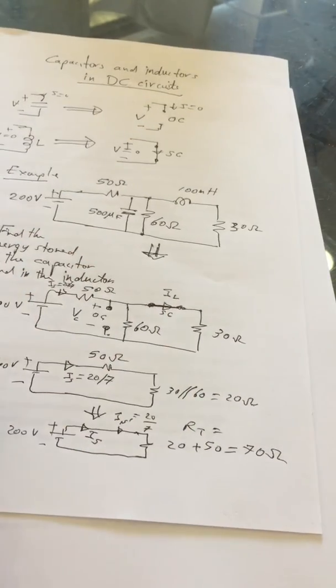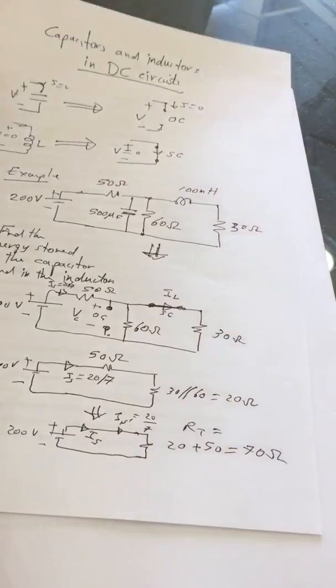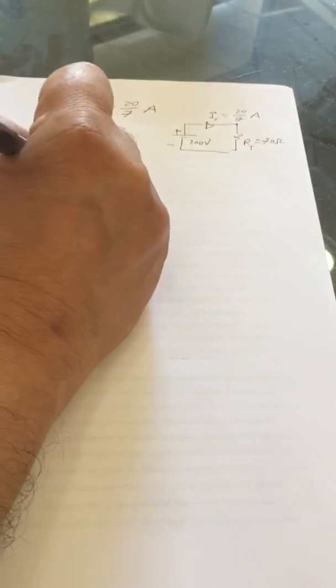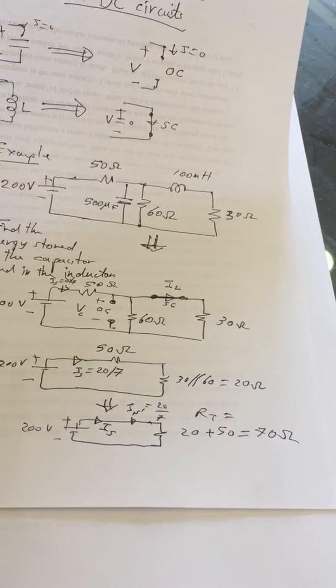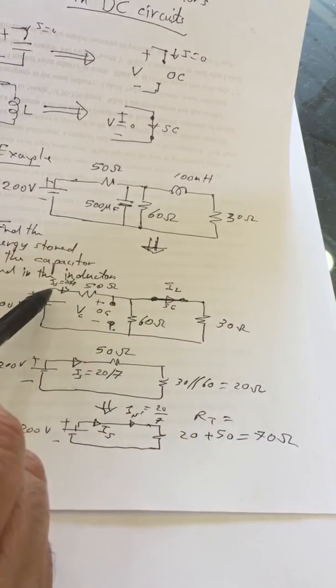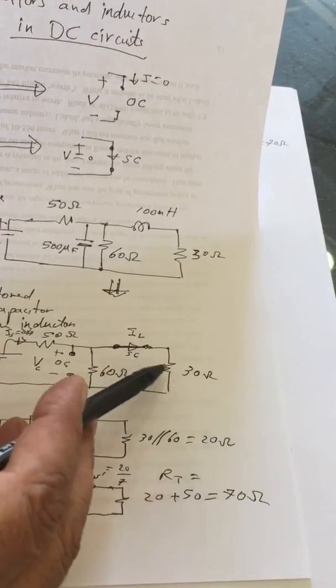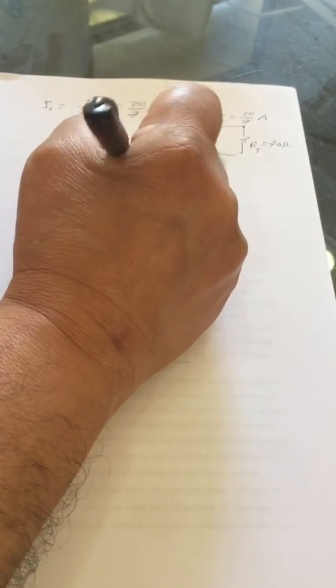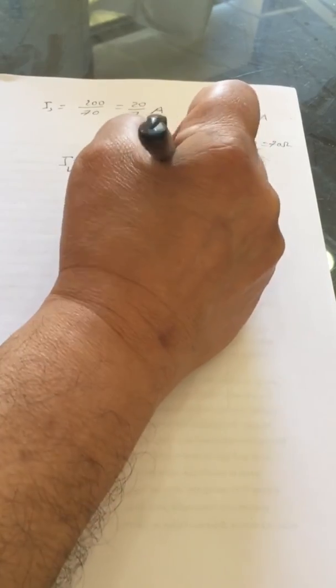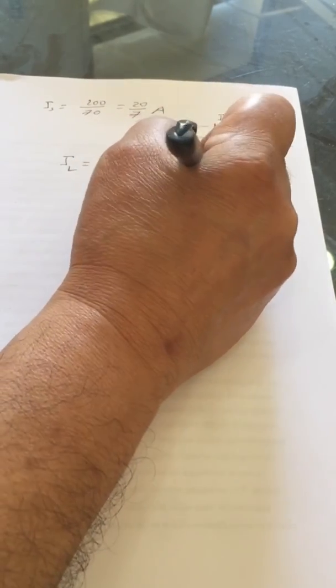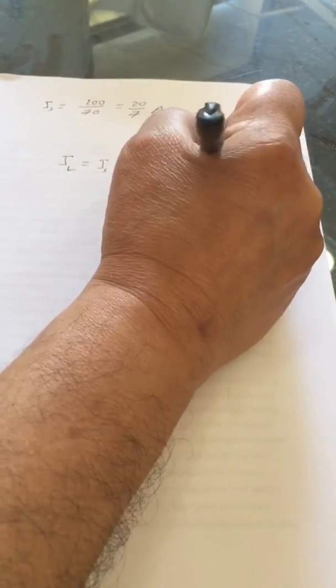So what we want is the current IL in the coil. So IL, we can use the current divider rule. So we multiply I supply times the other resistance. We want the current in the 30 ohms resistance, so we use 60 divided by 60 plus 30. So this will be 20 over 7 times 60 divided by 90.